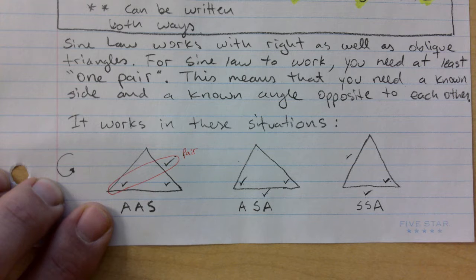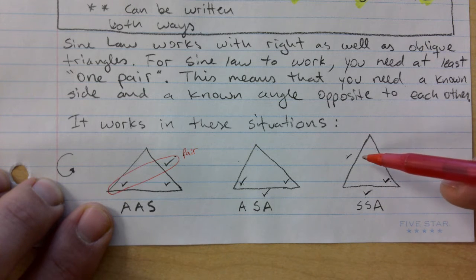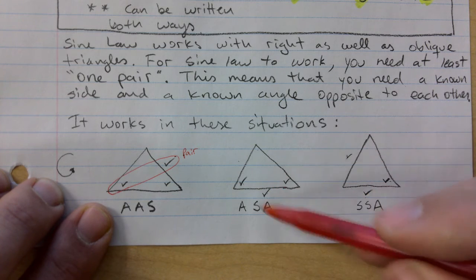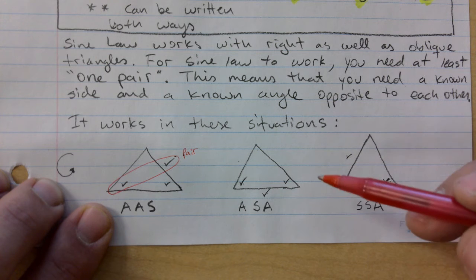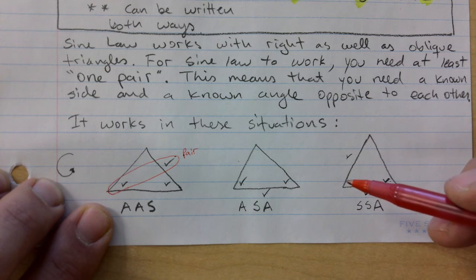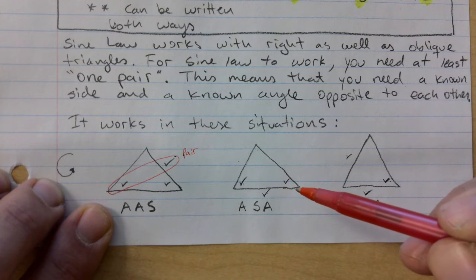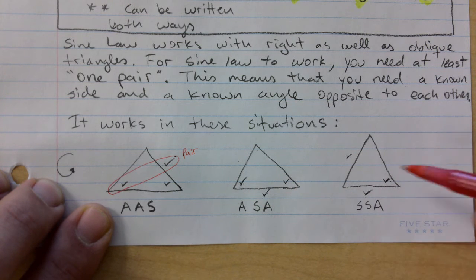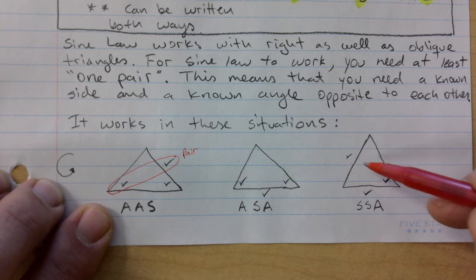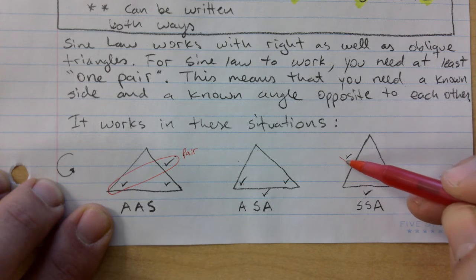Okay, let's skip this one for now. The middle one is a bit of a trickier situation because do you see a pair here at all? No, not yet. It's hidden. Do you see a pair here? Yeah, it's right there.